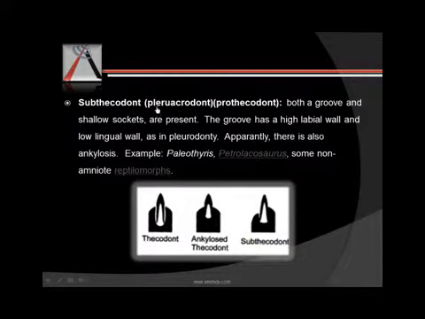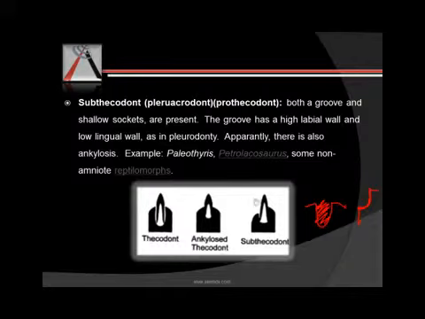This subthecodont, also called pleurocodont or prothecodont, has a groove and a socket. Now at this point, what we need to know is what is a groove and what is a socket. If you have a depression or a hole inside the bone, this is your socket. But if you have something like this that doesn't go deep inside, this will be called a groove rather than a socket.